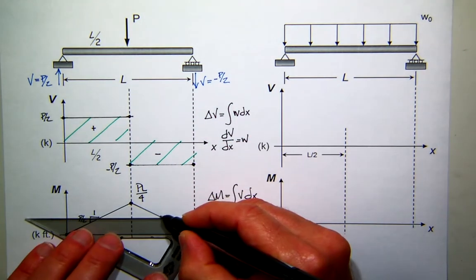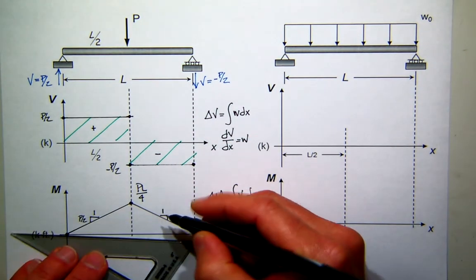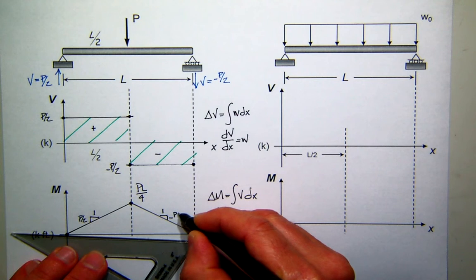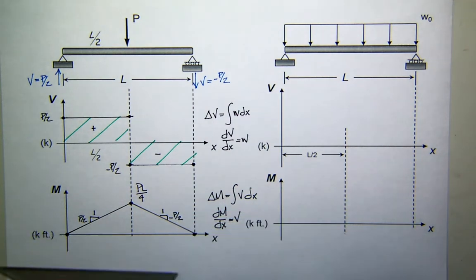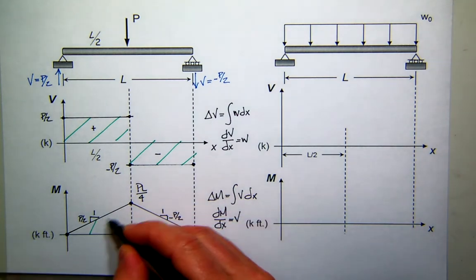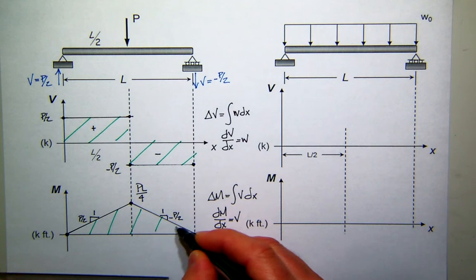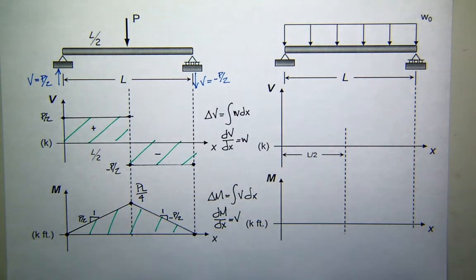So if I looked at that, I would have 1 to minus P over 2. There's your moment diagram. So where's the moment maximum? Well, that's the value, and it's maximum right in the middle. Pretty cool, right?